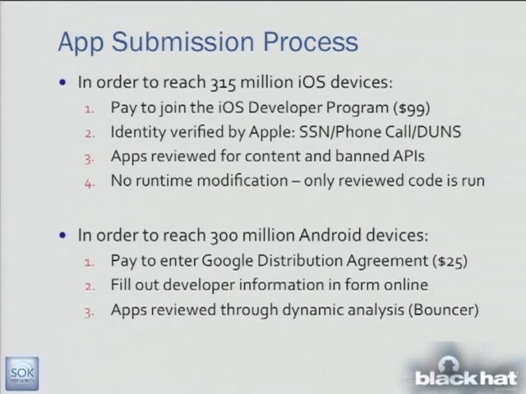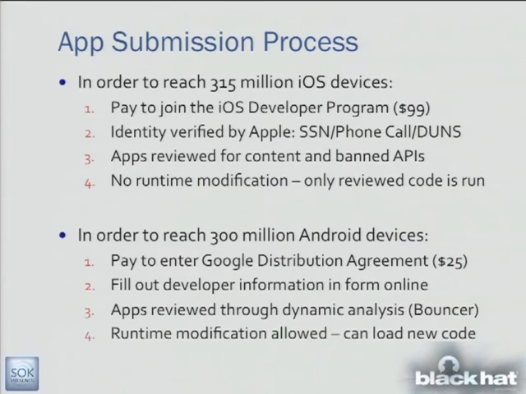They have this system now called Bouncer, and the way that it runs is it runs the application in their cloud somewhere, and then verifies that the activity it performs is not malicious. But it doesn't sound like they're actually statically verifying functionality by looking at the code. And then finally, runtime modification is allowed. There's no specific mitigation on Android that prevents me from dynamically updating the code inside of that application and bypassing the review process entirely.